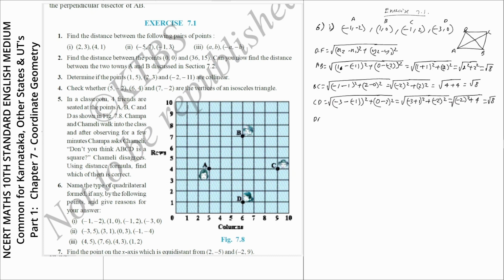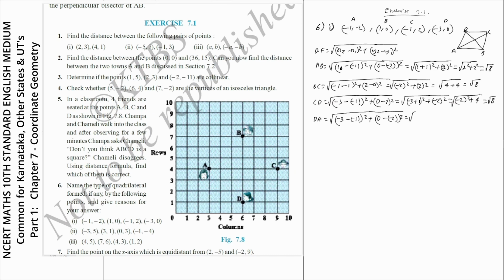So now what is DA? DA is given by square root of (x2 minus x1) the whole square, that is (minus 3 minus of minus 1) the whole square, plus (y2 minus y1) the whole square, that is (0 minus of minus 2) the whole square.